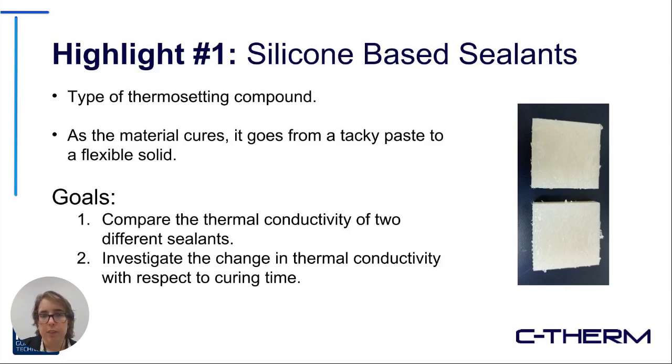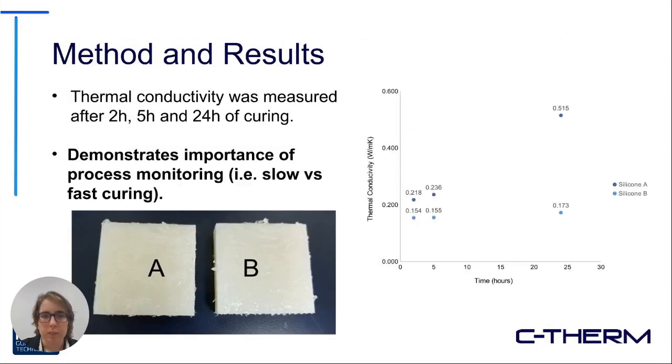So this is some application data on silicone-based sealant material, which is a thermal set material. And as it cures, it will go from a tacky paste material into a flexible solid sample.